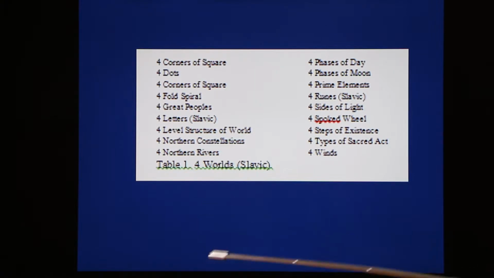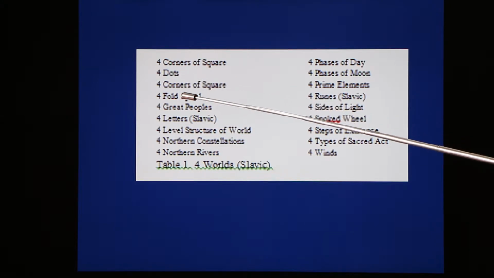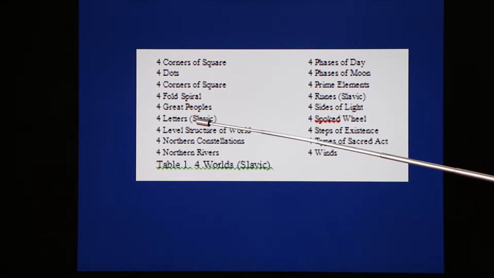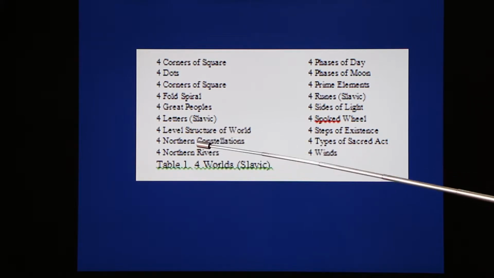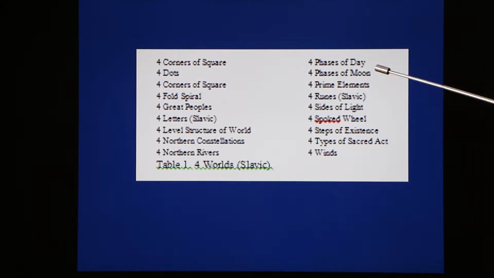Well, the 4 has a particular role in the Slavic world because it's the four worlds, the four corners of a square, the four dots, the fourfold spiral, the four great peoples, the four letters, the four-level structure of the world, the four northern constellations, the four northern rivers, the four phases of the day, phases of the moon, prime elements, runes, sides of light, spoked wheel, steps of existence, types of sacred art, and four winds.